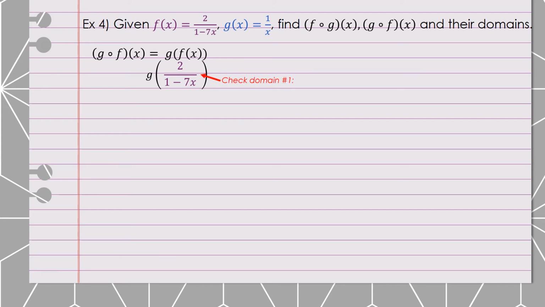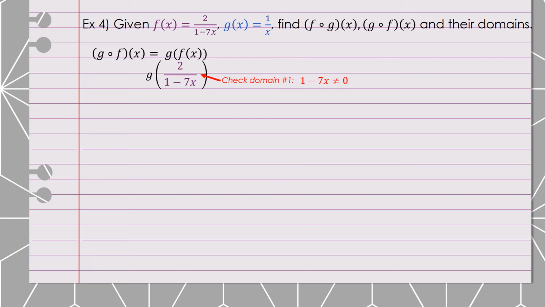And so we look: do we have a radical? No. Do we have a fraction? Yes. Do we have a variable in the denominator of that fraction? Yes. Which means we take whatever the denominator happens to be and say it cannot equal 0. So for us, that is 1 minus 7x cannot equal 0.